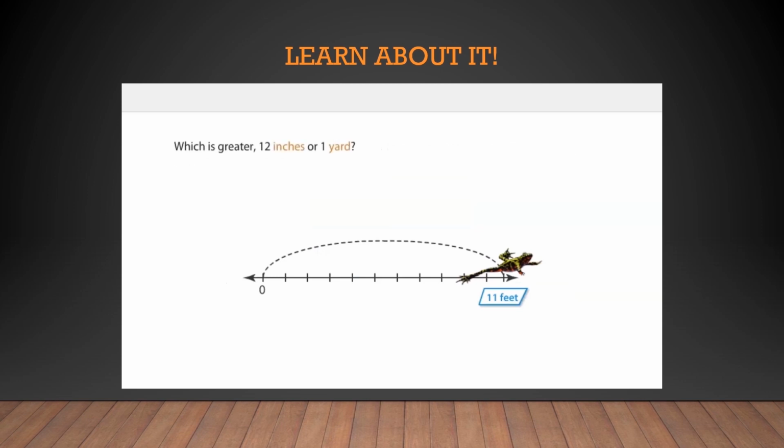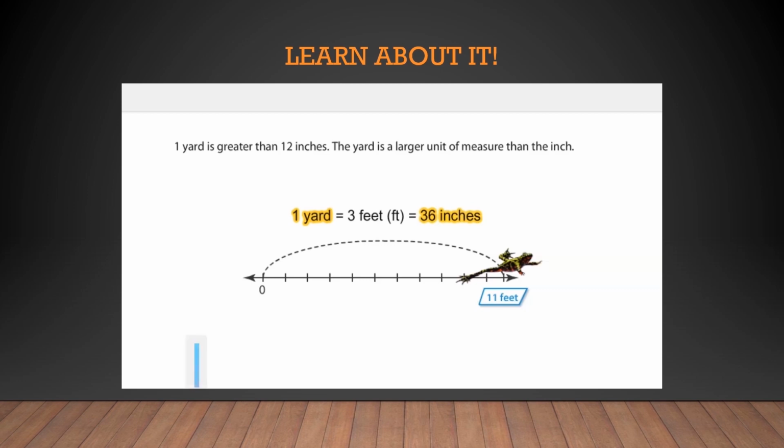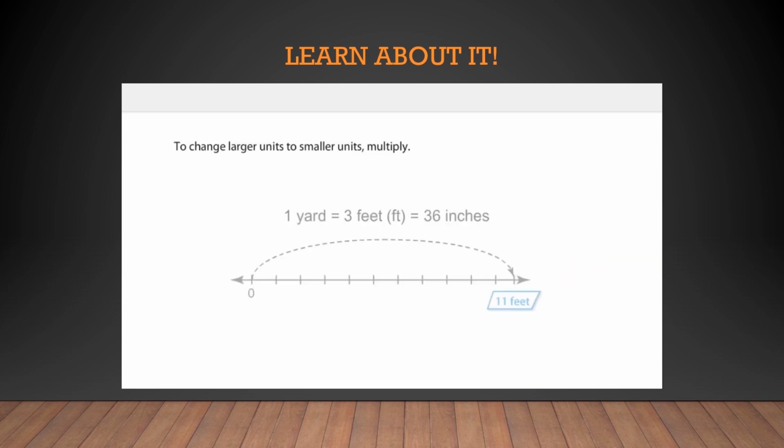Which is greater, 12 inches or 1 yard? 1 yard is greater than 12 inches. The yard is a larger unit of measure than the inch. To change larger units to smaller units, multiply.